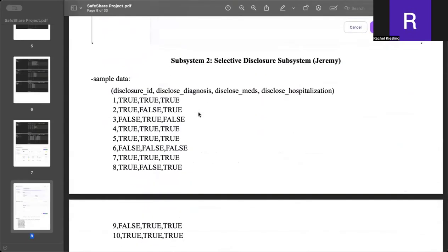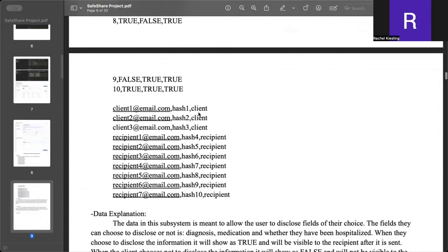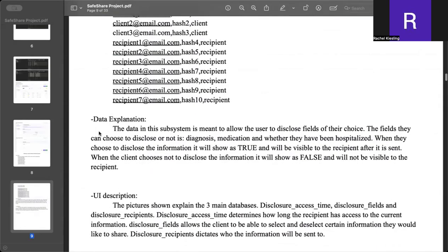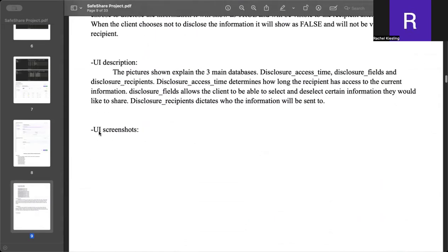My groupmate Jeremy did the selective disclosure subsystem, and this is the sample data for his subsystem. This is regarding what the client will actually share.